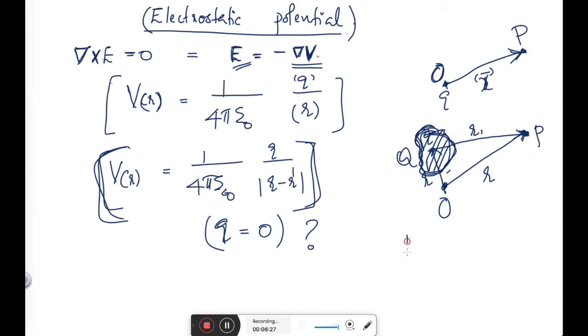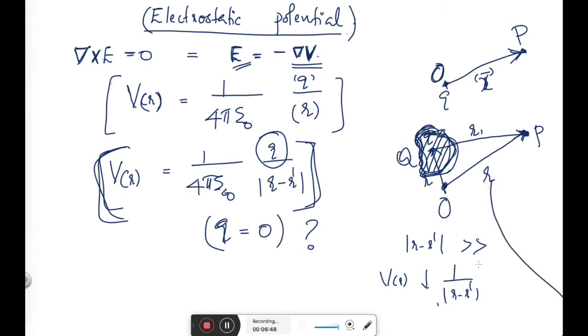And if you assume that mod of r minus r dash is very large compared to the distribution, then V of r decreases as 1 by mod r. So for very large r, even if Q is not equal to 0, V of r is going to be like 1 by r.